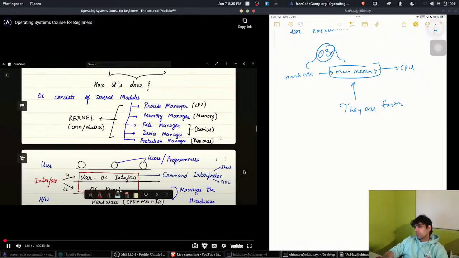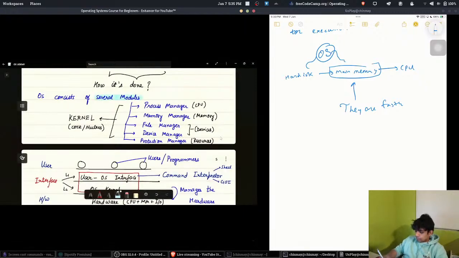So OS consists of several modules. It consists of modules like process manager, memory manager, file manager, device manager, and protection manager. All this combines and becomes the kernel of the operating system. It is also known as core or nucleus.